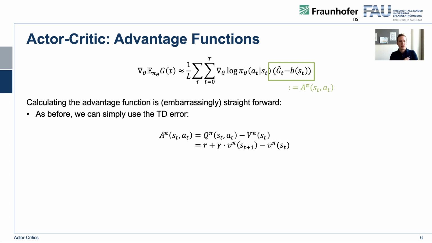So we want to define the advantage of the policy gradient, so the advantage of the action in a certain state. And we see at this point that we can embarrassingly easy and straightforward calculate the advantage, for instance, using the time difference error.